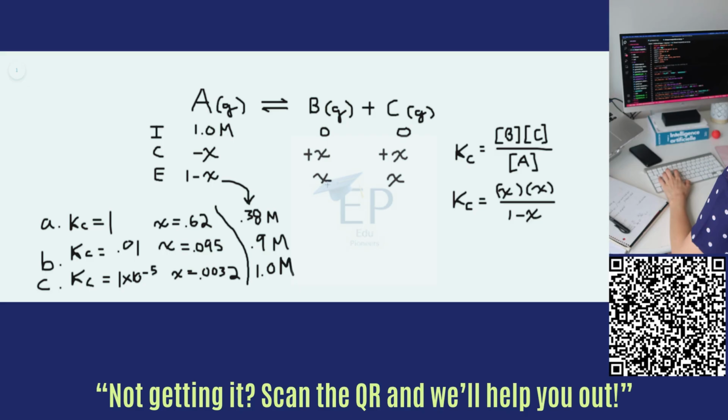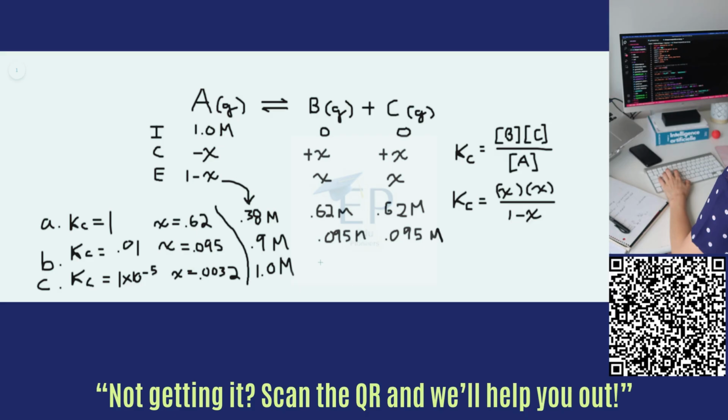And then each of these terms is just x. This is just 0.62 molar. This is 0.095 molar. And as you expect, if reactants are increasing in concentration, as we decrease Kc, the products are going down.